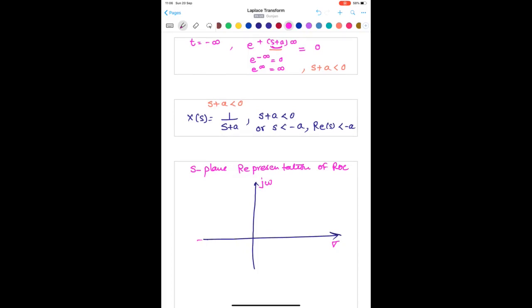Now the point is minus a again, the only difference is now the region of convergence is to the left of this. So in this way you will do the Laplace transform of these two signals.